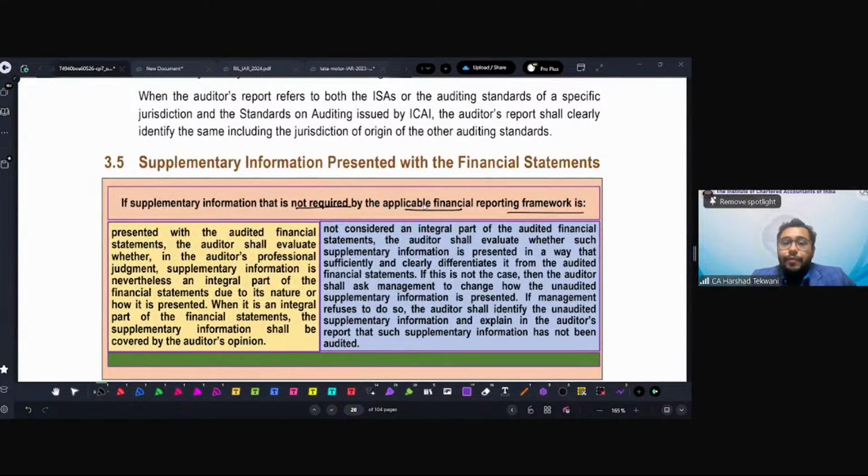Now, when it comes to supplementary information, the question is whether this is required and whether this is part of the financial statement. Although this is not required by the applicable financial reporting framework, can I call this supplementary information an integral part of the financial statement due to its nature and how it is presented?